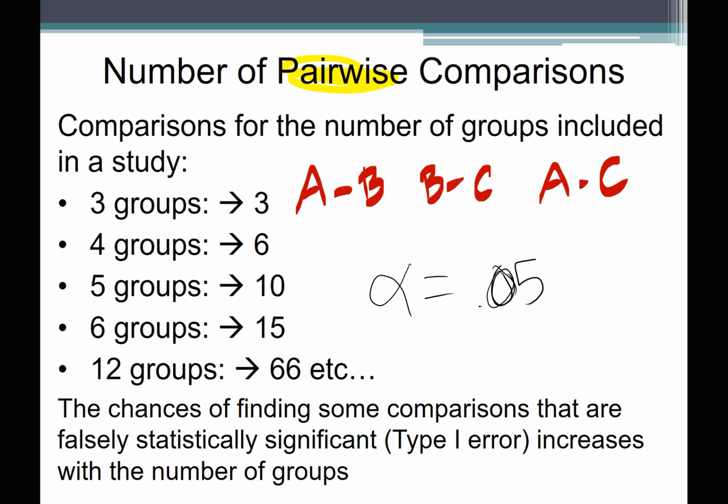Now, if when we do one test we have a 5% chance, and we do another test and we have 5% chance, and we do 10 tests, what are the chances that we would make a mistake? So that chance of making that kind of mistake, a type 1 error, goes up depending on how many of these tests we're running at the same time.